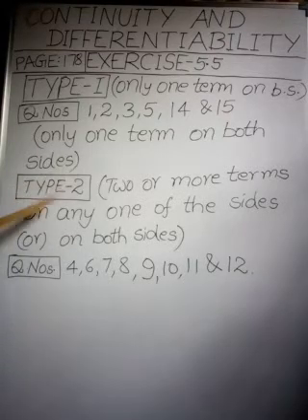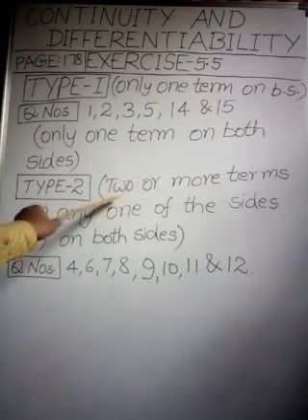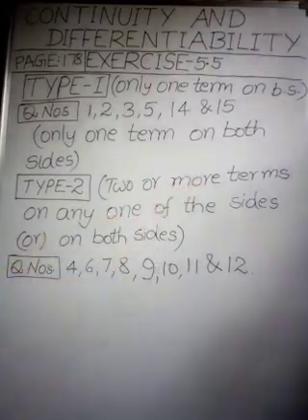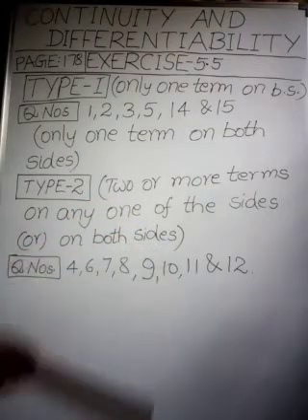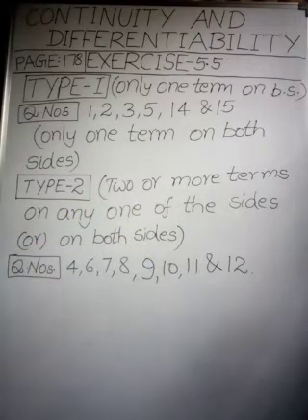Okay my dear children. Type 2. In this type 2 there are two or more terms in the given function. Whatever the function we are going to differentiate, in that function two or more terms will be given. In that case, how to find the differentiation?